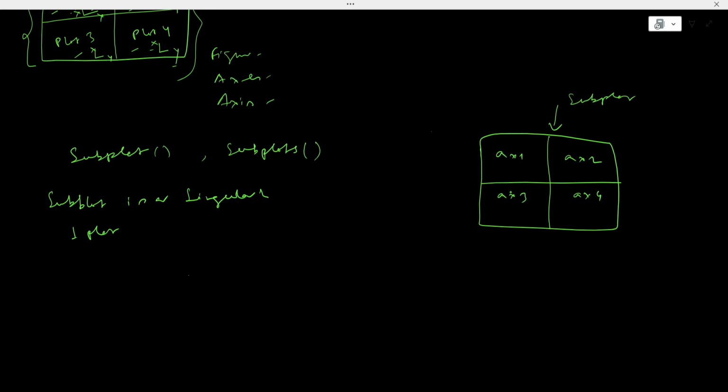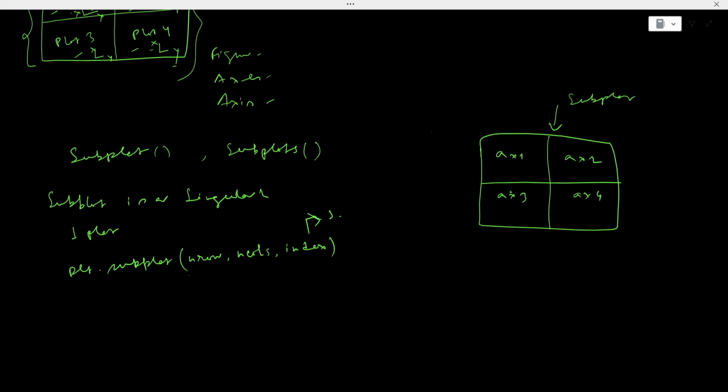The syntax for subplot is plt.subplot, and here I have to pass my number of rows, comma, number of columns, and index. Always remember this index starts from 1.